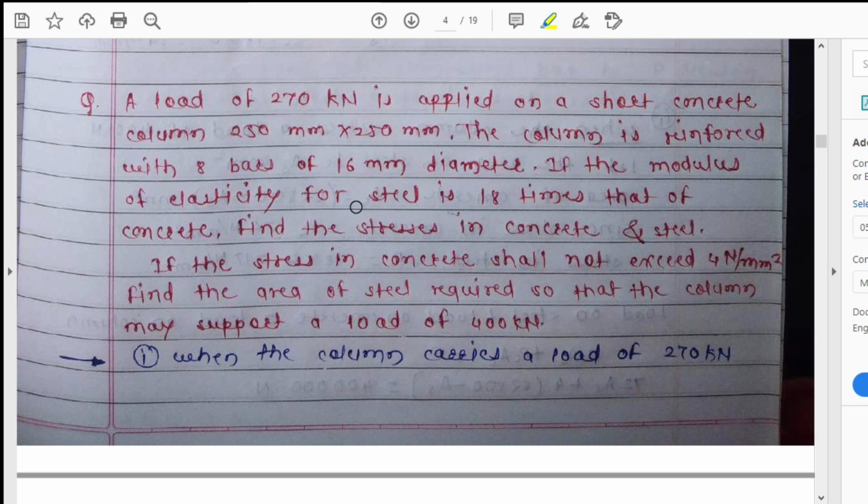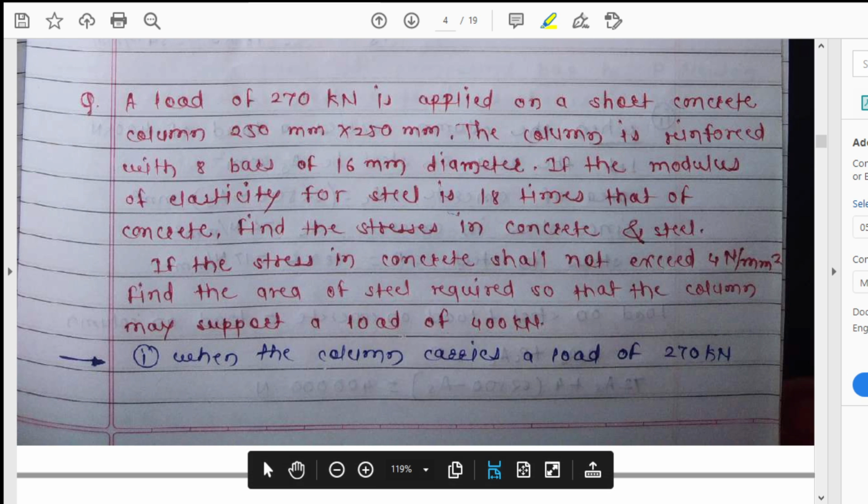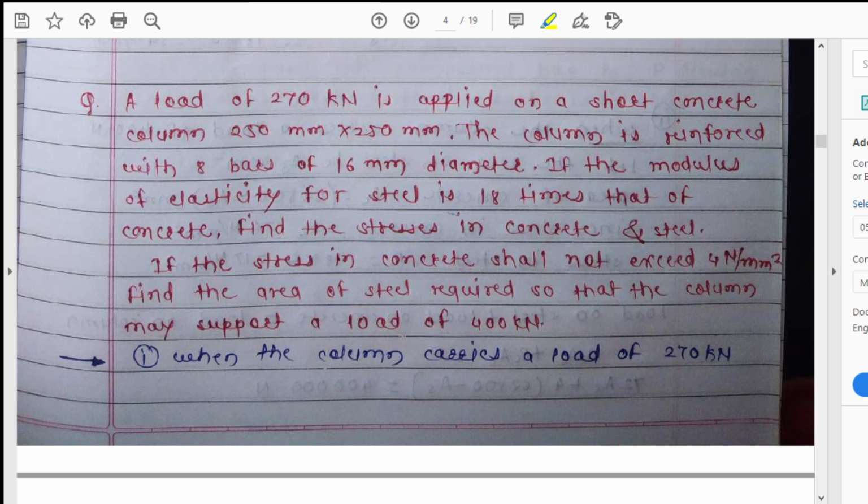If the modulus of elasticity for steel is 18 times that of concrete, find the stresses in concrete and steel. If the stress in concrete shall not exceed 4 newtons per mm square, find the area of steel required so that the column may support a load of 400 kilonewtons.